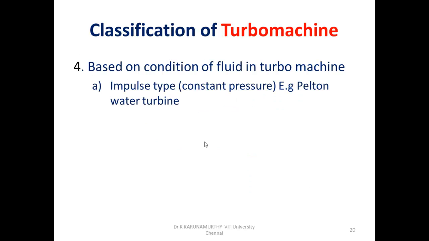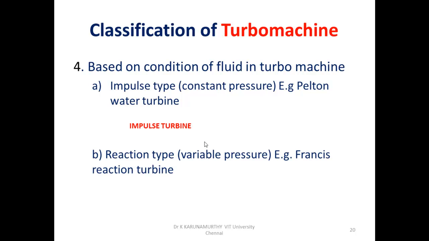And depending upon the condition of the fluid in the turbomachine, they can also be classified as impulse turbine and reaction turbine. In the case of impulse turbine, the complete pressure drop occurs in the nozzle, and after that the pressure remains the same when the fluid passes through the blades of the turbine.